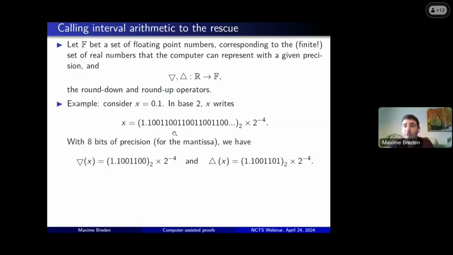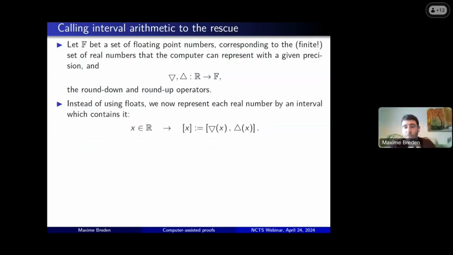If we pretend for the sake of the example that we take 8 digits of precision, then the rounded down version of 0.1 is this number when I take 8 digits and truncate. And the rounded up version is this one when I take 8 digits and then increase the last one. So this is what's happening every time you do floating point computation.